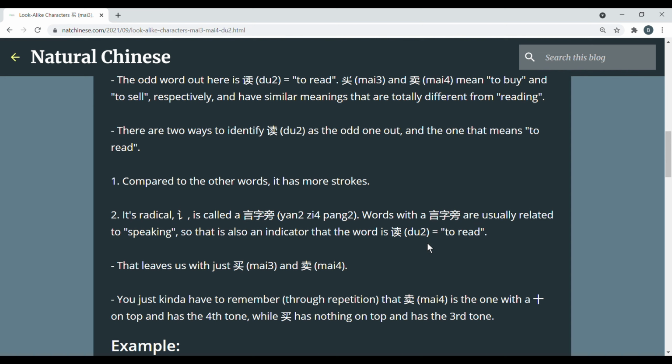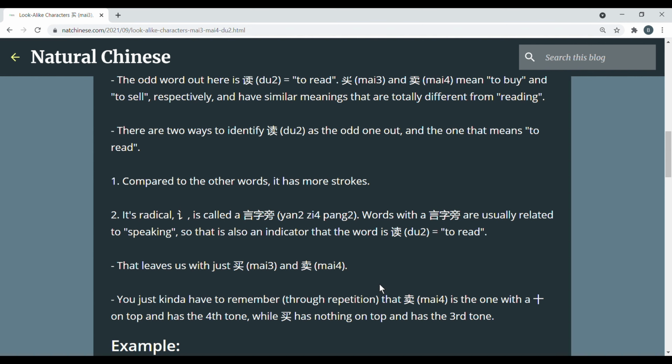So if you're able to know which one is dú, then that just leaves us with mǎi and mài, which can be pretty confusing because only the tone is different. So I would say you kind of just have to remember them through repetition.